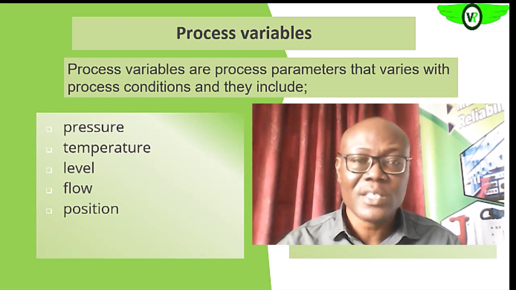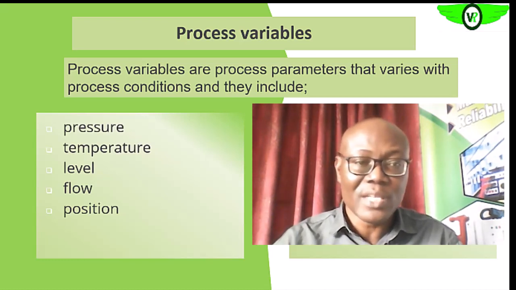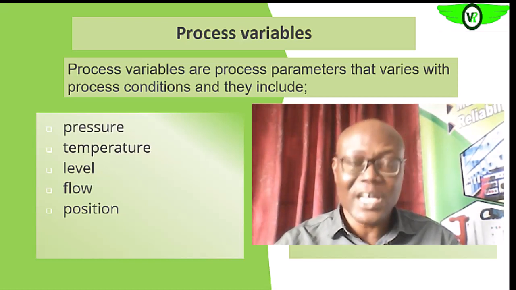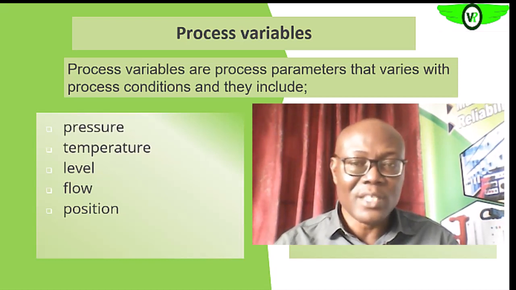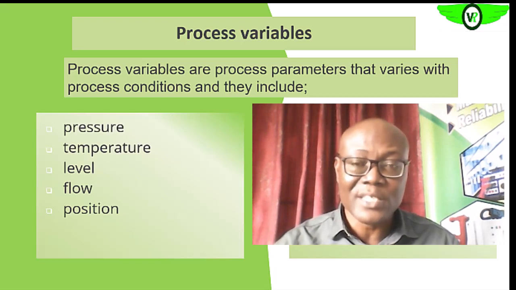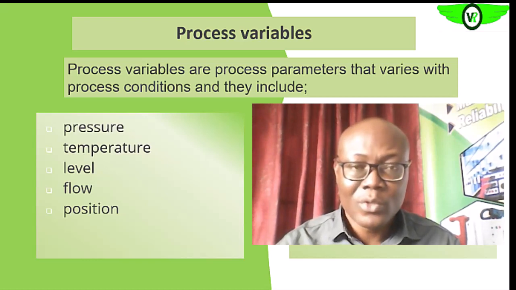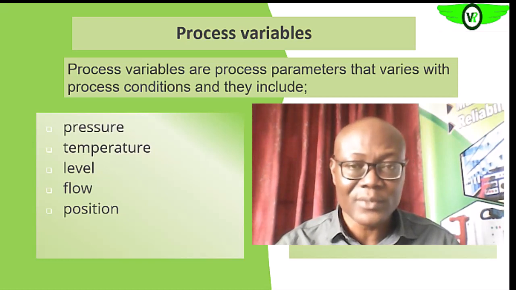All of these can change with changing process conditions, and they can affect our process or the output from our process. So we will look at them in a little more detail later, especially the most common process variables: pressure, temperature, level, and flow. It actually depends on the process that you are looking at.